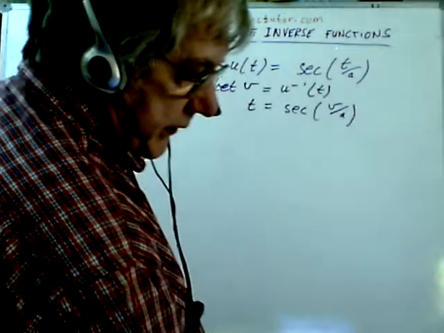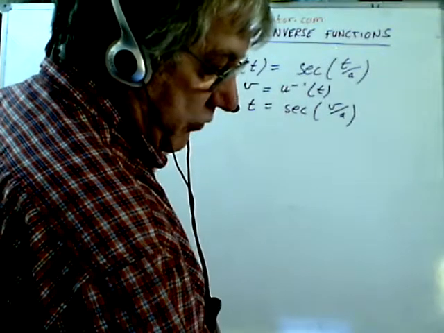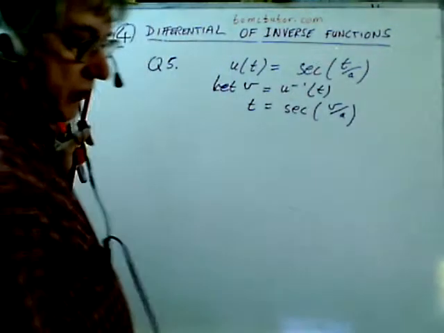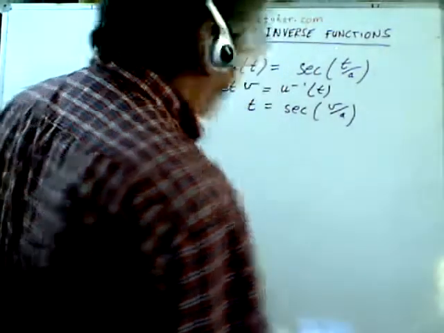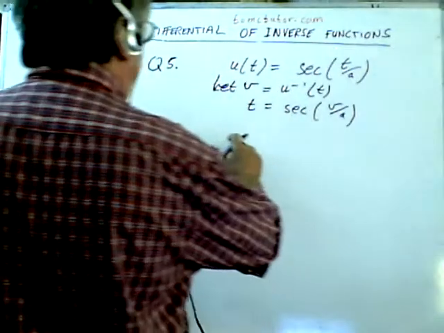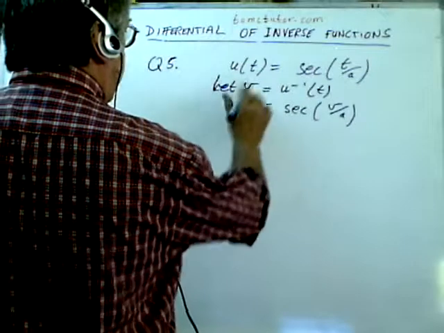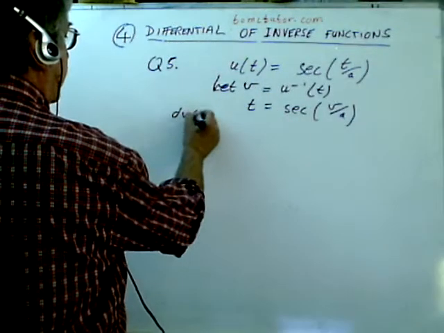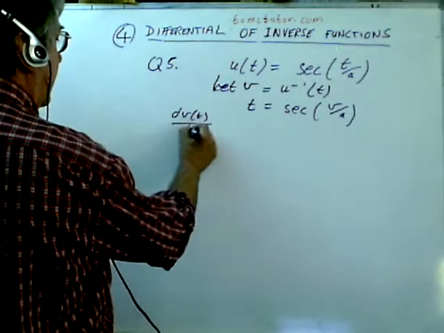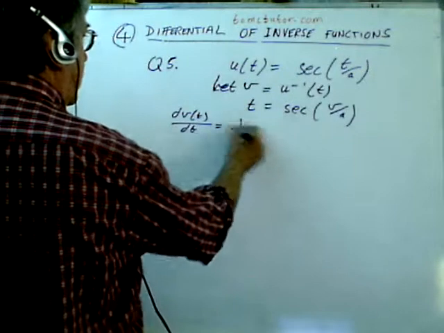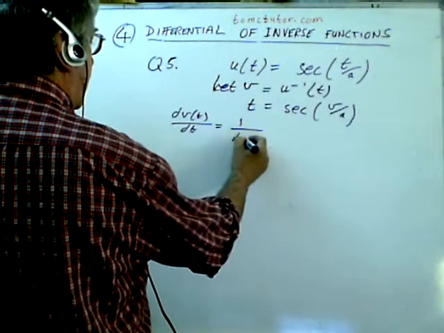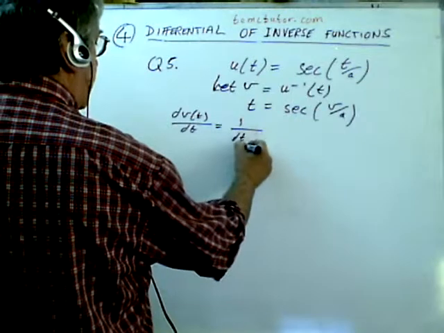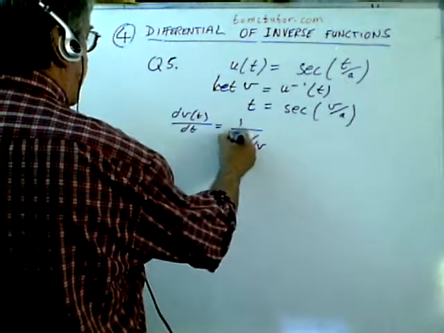I've got that. I'm using different variables here in my notes, so it's a bit confusing. What we're actually after is dv(t) over dt, which is really 1 over dt divided by dv.